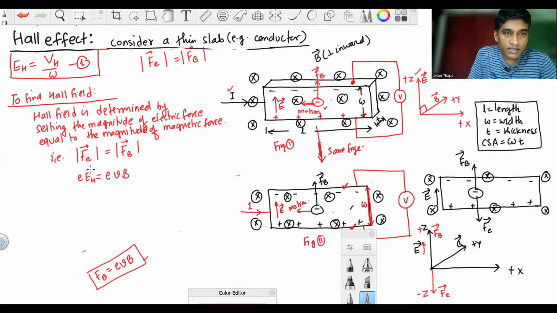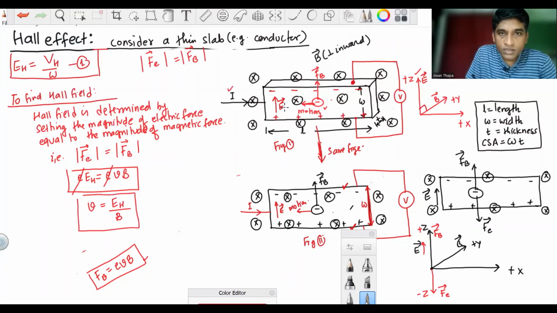From this equation, E cancels out. So what we are getting is velocity V equals Hall field by magnetic field.